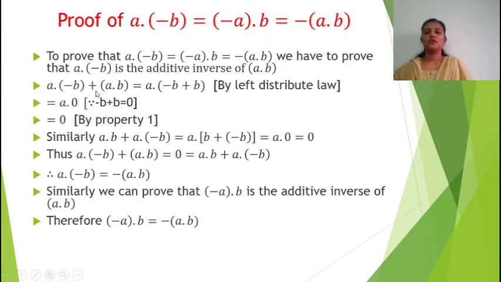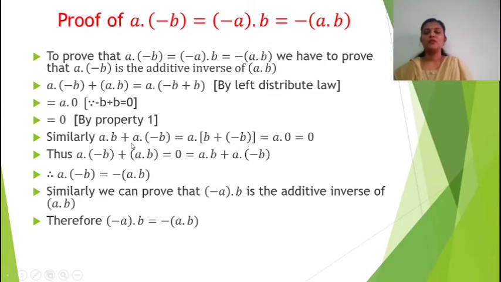That is, we have to show that a·(-b) + a·b = 0. So we start with a·(-b) + a·b. Using the left distributive law, this is equal to a·(-b + b), which is a·0, since -b + b = 0, which is equal to 0 by property 1.